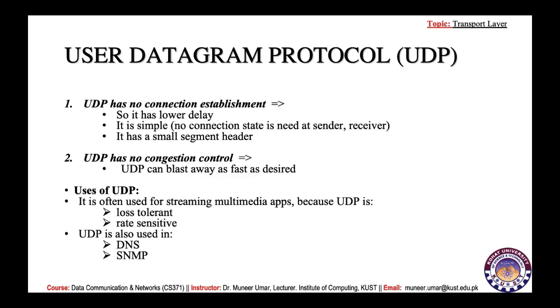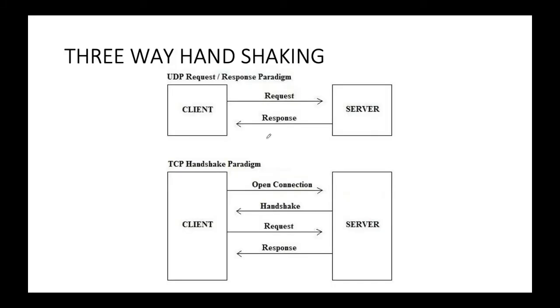The first thing about UDP is that it is a connectionless protocol, or we can say that UDP has no connection establishment. Two hosts, client and server, can communicate in two ways. The first one is connectionless and the second one is connection oriented. In connectionless communication, the client and server, the two communicating hosts, send and receive their data directly without any proper handshake or connection establishment.